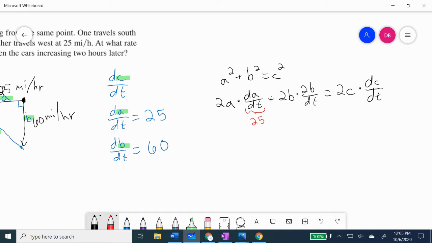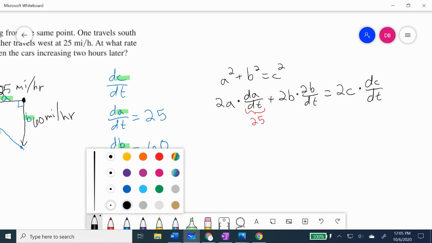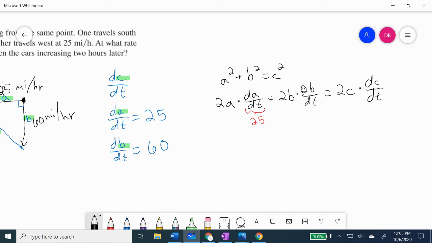We know that dB/dt is 60, and we are being asked to find dC/dt.